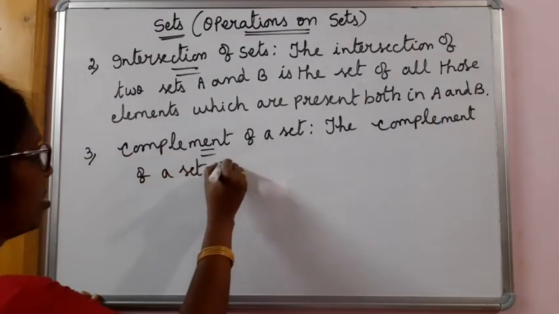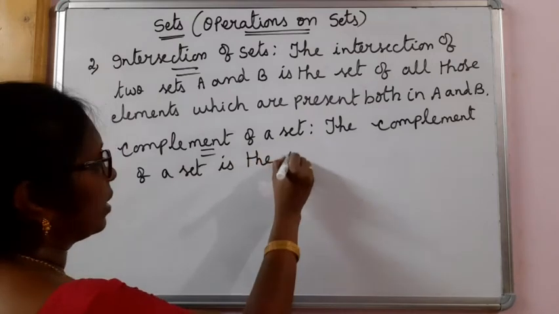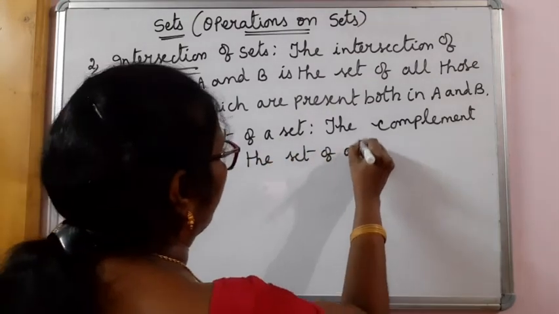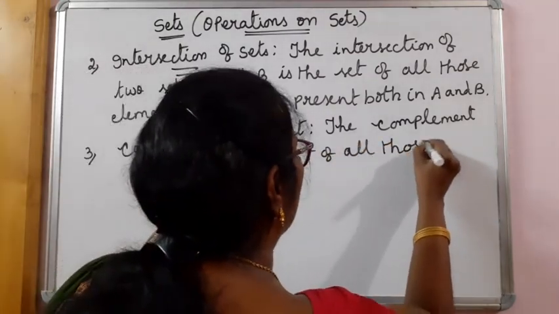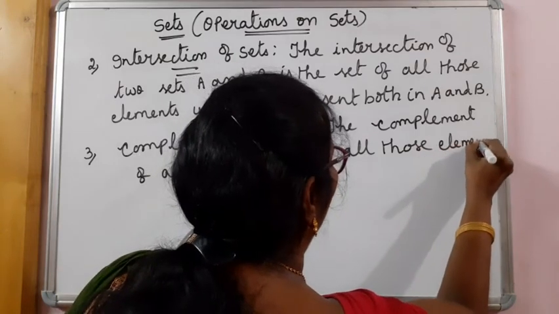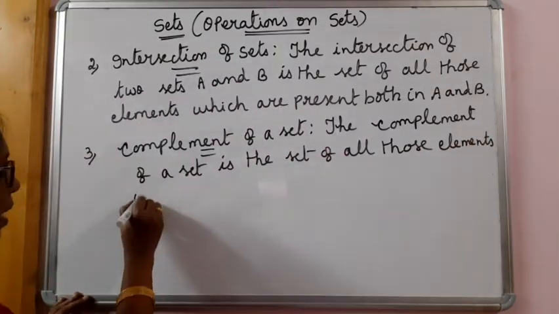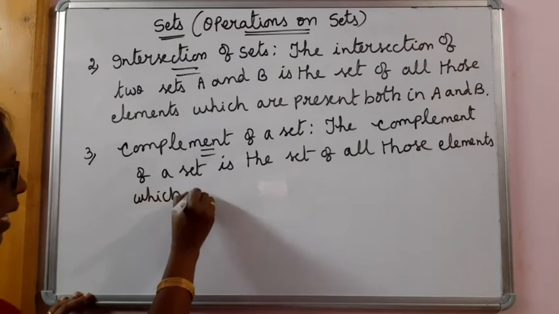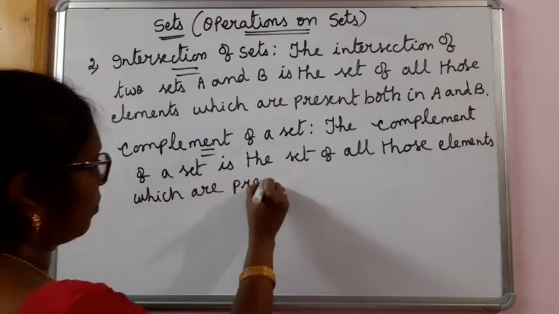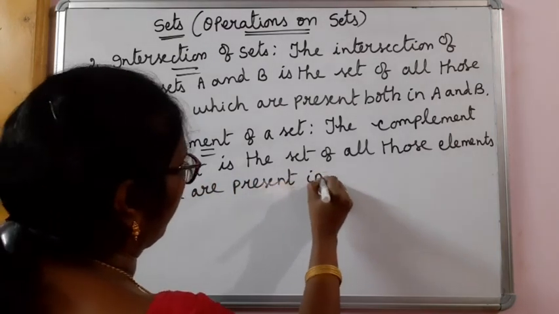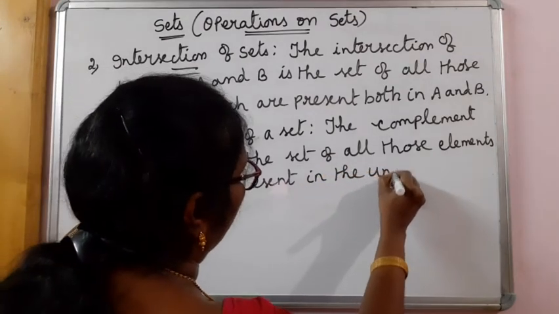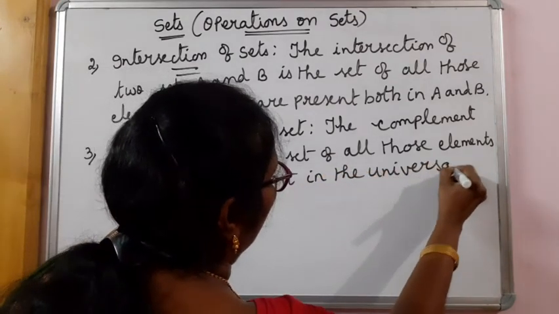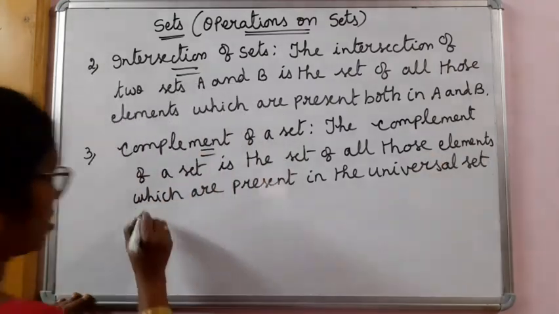The complement of a set is the set of all those elements which are present in the universal set but not in the set.